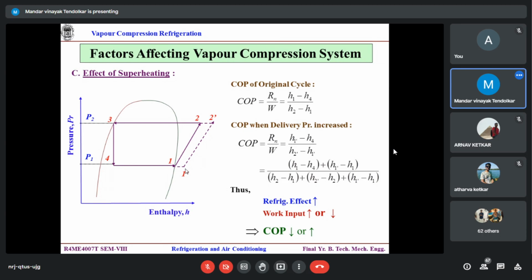Whatever the change in the refrigeration effect from 1 to 1 dash and whatever the change in the compressor work, H2 minus H1 and H2 dash minus H1 dash, if that is also the same, then COP will also be the same. So it may remain constant, it may reduce, it may increase. It really depends on the operating conditions. Are you getting this clear?